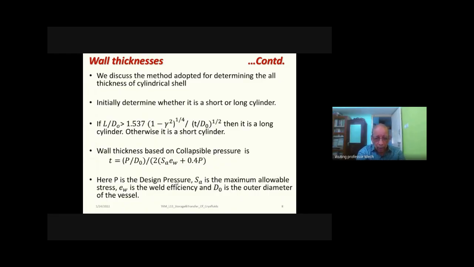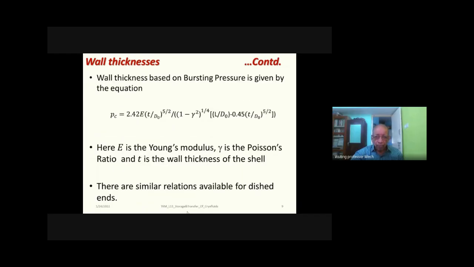And so the outer diameter of the vessel can be determined using the operating pressure, the weld efficiency, and the maximum allowable stress for the material, etc. Similarly, the wall thickness based on bursting pressure is also given by another equation, which is described here.